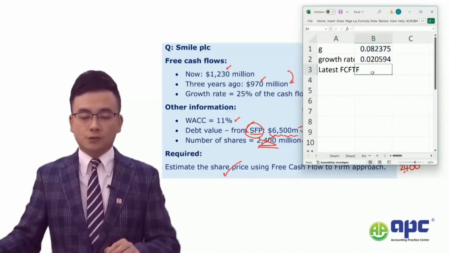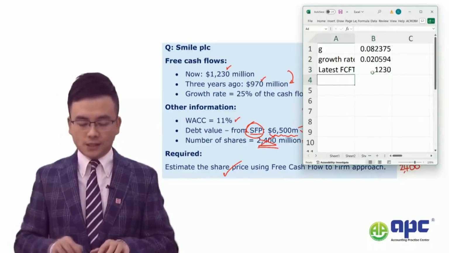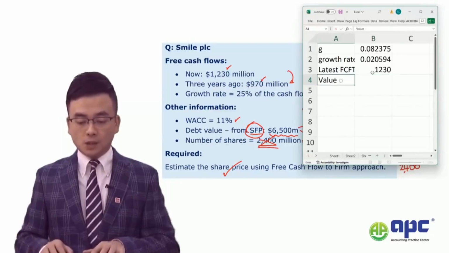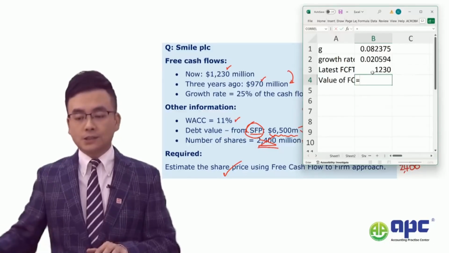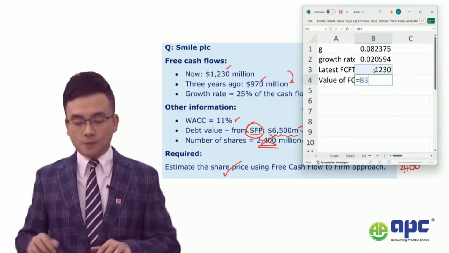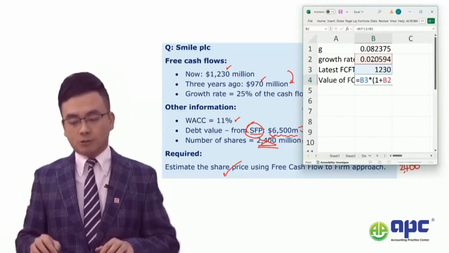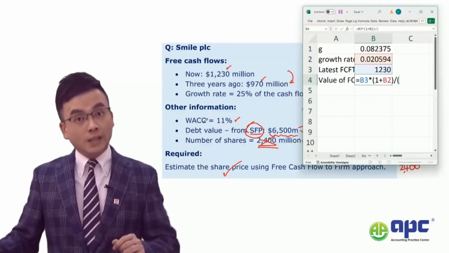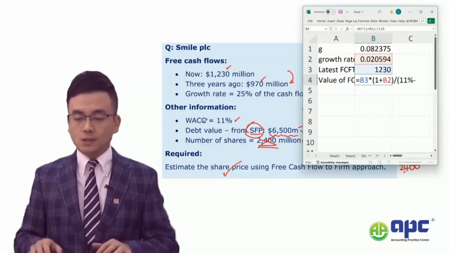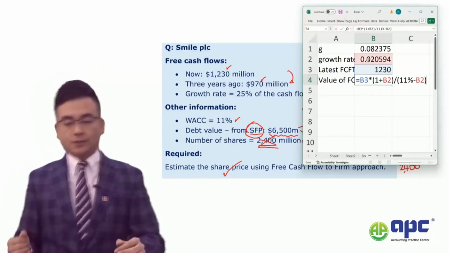The latest free cash flow, we're told, is 1230. So all we can do is to say that the value of free cash flow to firm is the latest free cash flow to firm times 1 plus the growth rate that we just calculated. Remember, we divide by the weighted average cost of capital of 11%, minus the growth rate. Okay, that's how we do it.